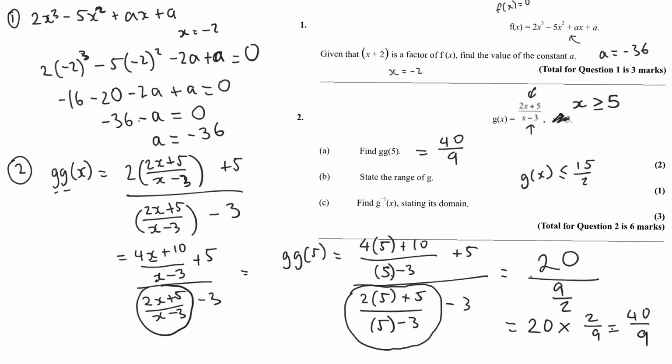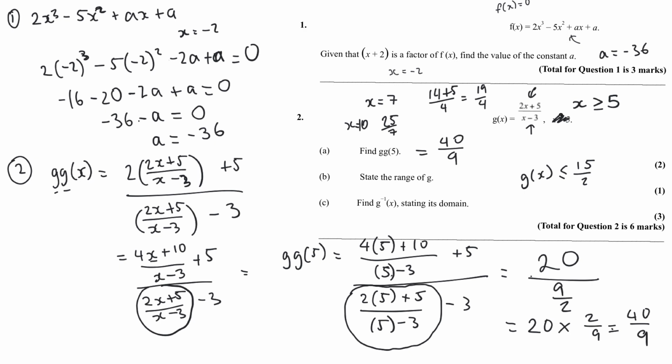So I'll give you an example. For instance, if x is 7, then if you were to substitute, that'll be 14 plus 5 over 4, so 19 over 4. But if x is equal to 10, that would be 25 over 7.